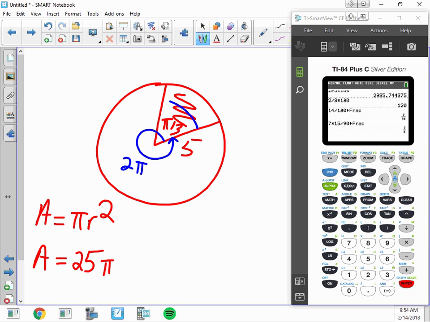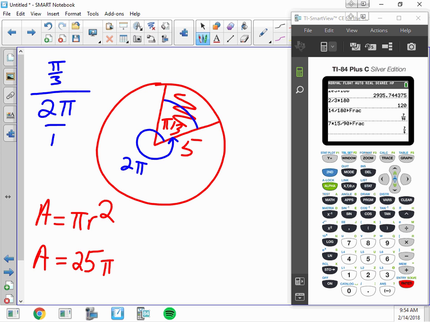And I only have pi over 3 of that. So I have pi thirds, that's my part, divided by my whole is 2 pi. I'm talking angles here, right?